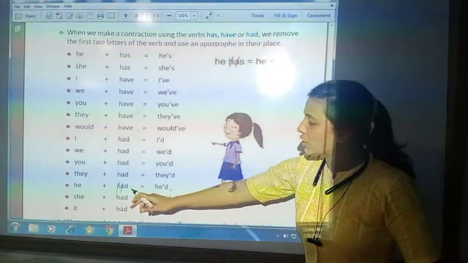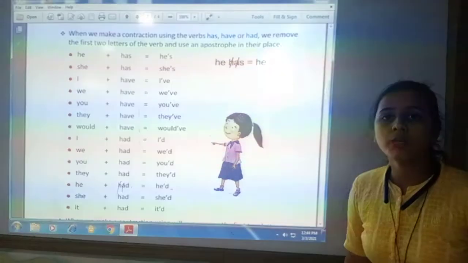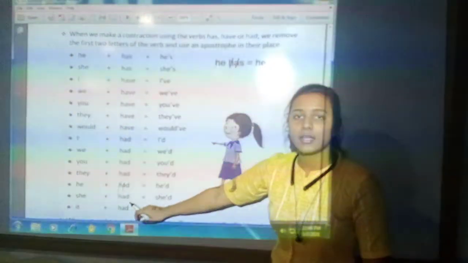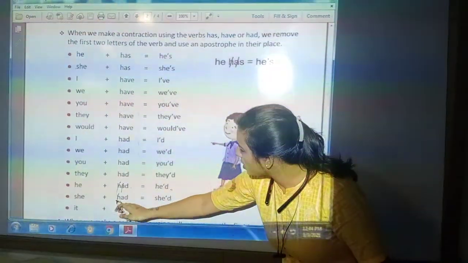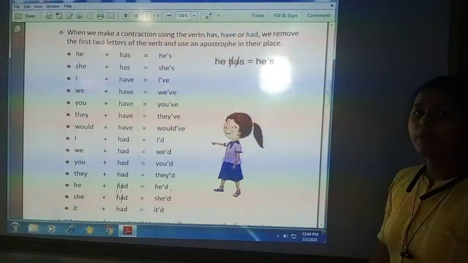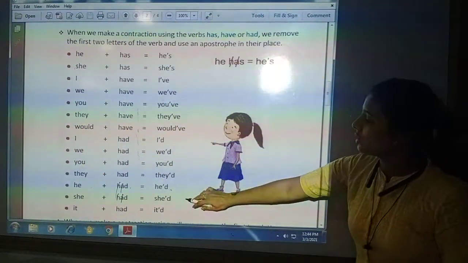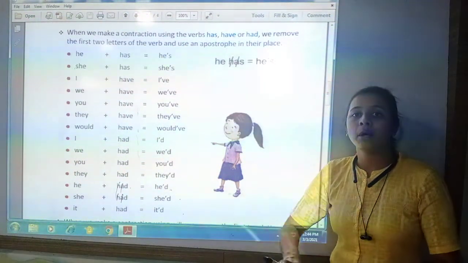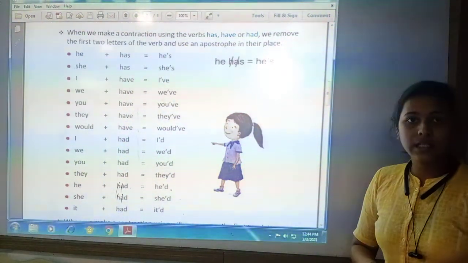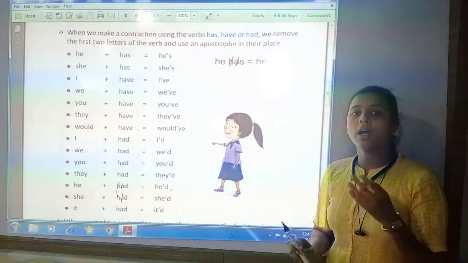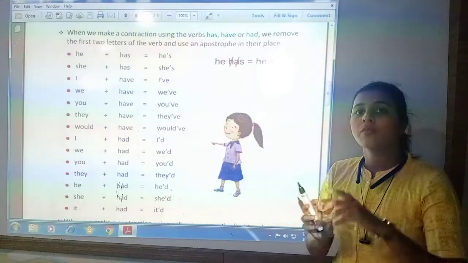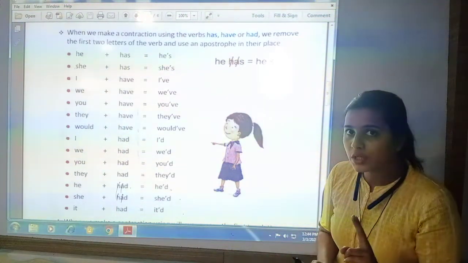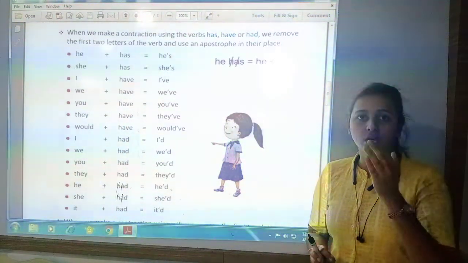Next is she had, which will become she'd. In that, the second word is had and the first two initial letters will be removed and the new contraction word will be she apostrophe D. Remember, the first word will be as it is, and in the second word which we are joining, the first initial letter or first two initial letters will be eliminated or removed.